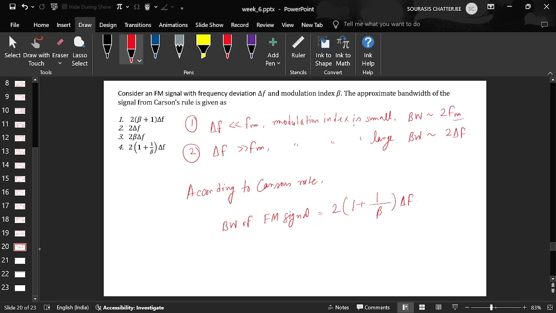You can see when the modulation index is small, beta is small, that means 1 over beta is quite large compared to 1, so you have 2 times 1 over beta times del f, which results in 2 fm. And when the modulation index is large, then 1 over beta is too small, so the bandwidth is going to be approximately 2 times del f. So Carson's rule satisfies the two extreme cases, and this is the bandwidth of an FM signal for any intermediate beta values between these two cases. So the fourth one is the correct answer here.